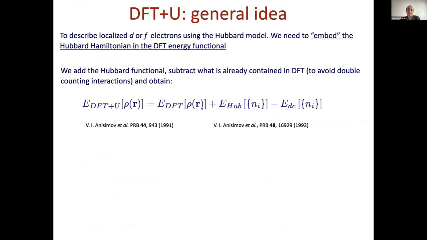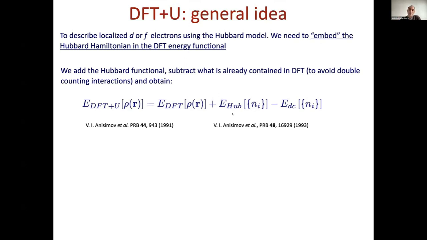So this is the basic idea DFT+U is based on, and how do we embed this Hubbard model into the DFT? Basically, we take the usual DFT functional, a function of the charge density. We construct the occupations of the d states or f states, or whatever manifold of localized states we have in our system.